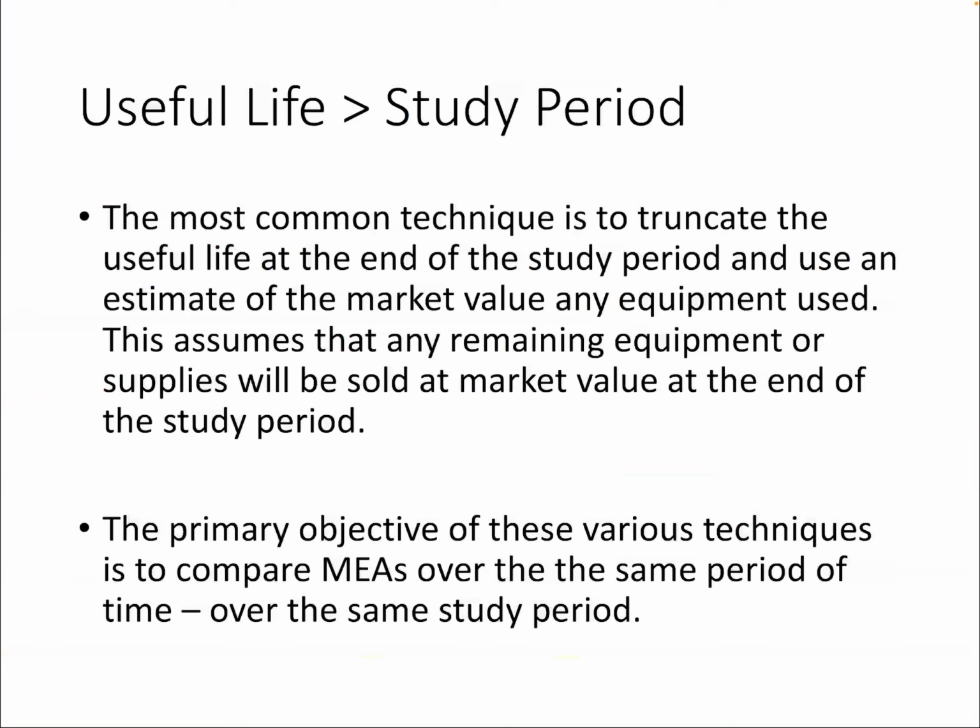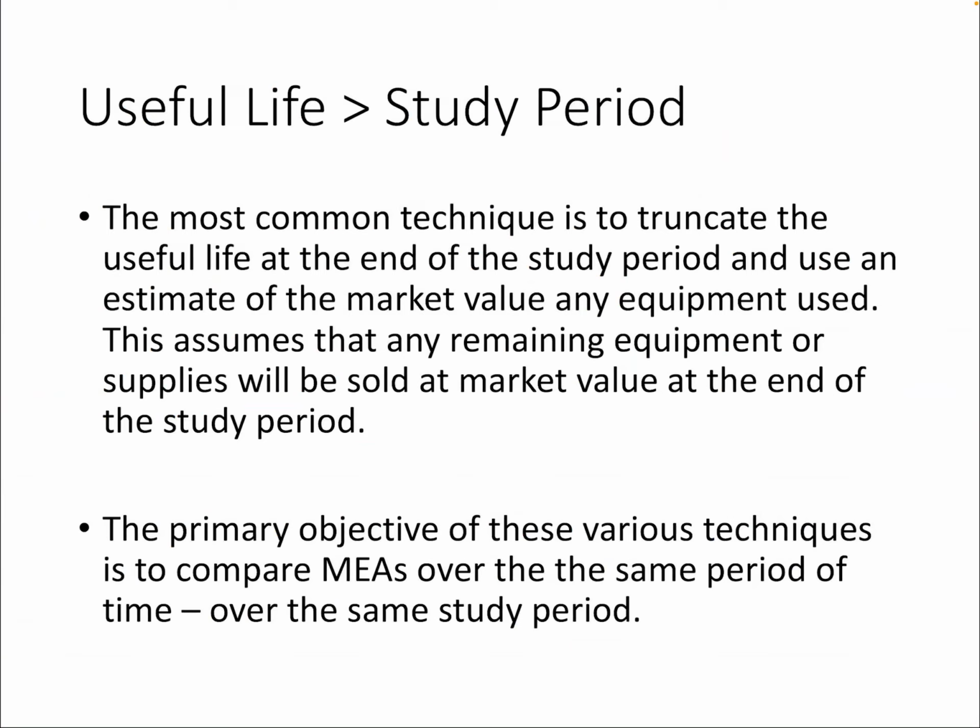Okay, and so a more complicated case will be useful life bigger than study period. So if the useful life of an item or equipment of an option is bigger than your study period, what can you do? The most common technique is to truncate the useful life at the end of the study period and use an estimate of the market value of any equipment used.